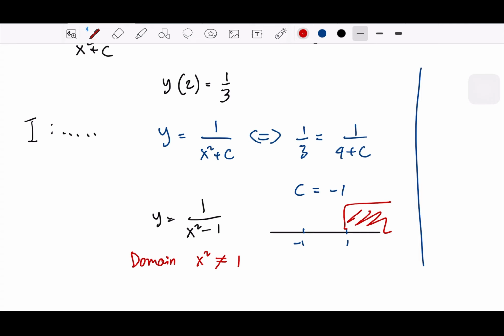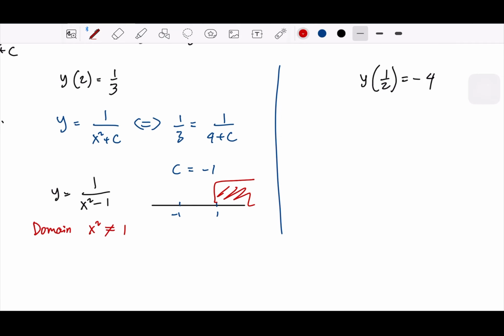Remember our objective: we need to find the curve that fits our point. The same goes for the second one: we will have some domain and some interval.